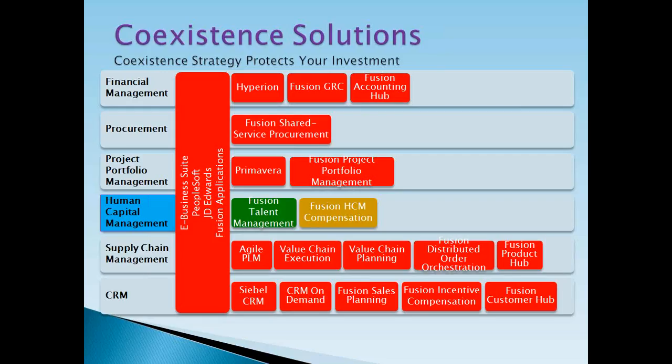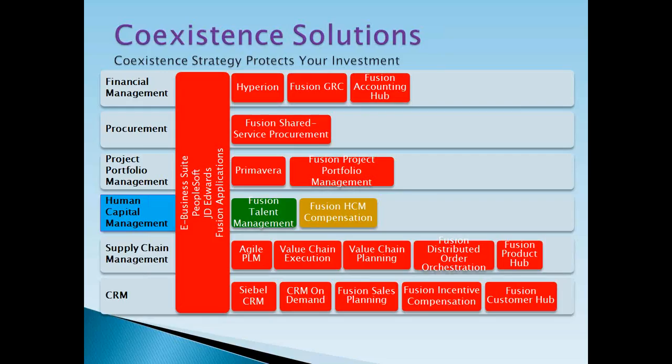If the customer is on core E-Business HRMS and wants to try Fusion benefits, that is not possible. Oracle has not given that solution. Benefits is not given as a coexistence. Payroll is not given as a coexistence. You cannot have E-Business HRMS and Fusion payroll. No, coexistence is not available like that.